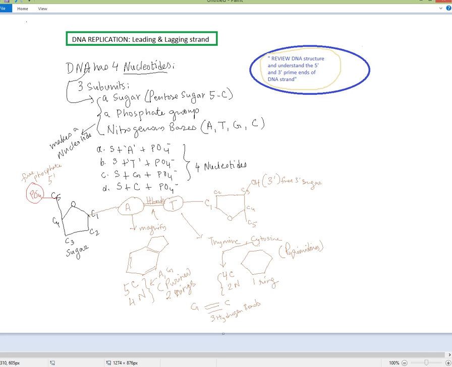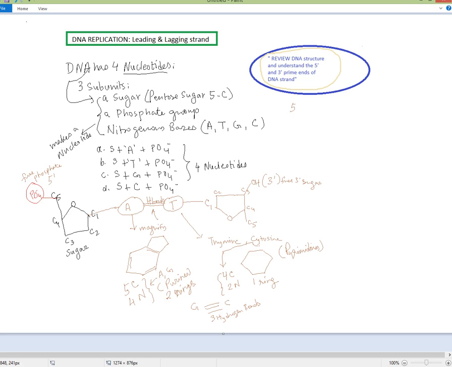So we are trying to understand the structure, and why it is important to understand the structure is because of the naming. You'll see in the textbooks or anywhere about the replication 5 prime, 3 prime, and it's important to understand why it is called 3 prime and 5 prime.